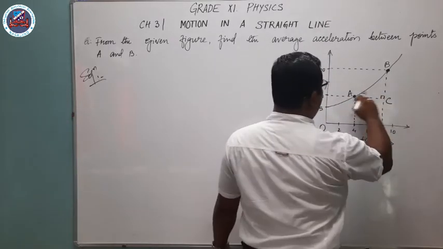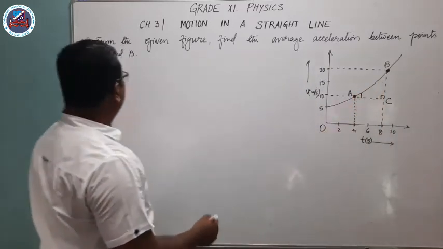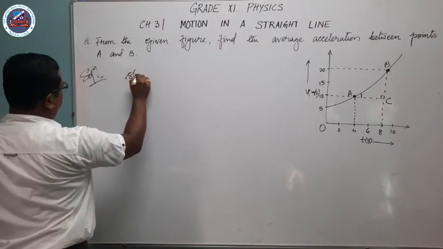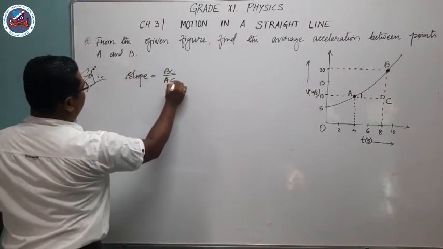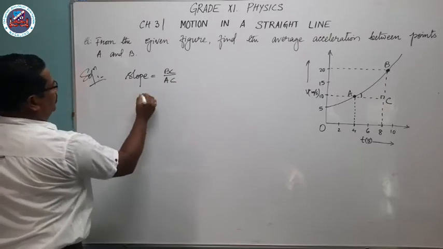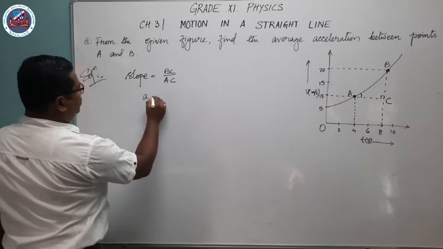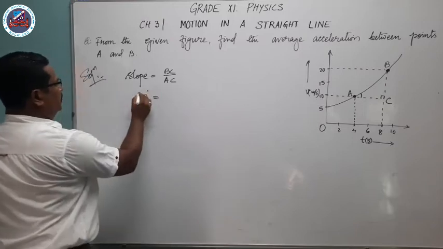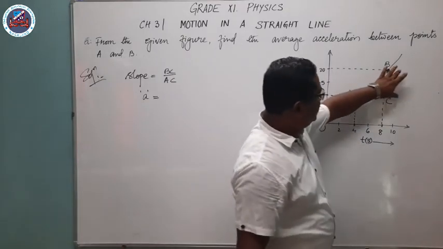Then BC by AC will give you the slope of this line AB. So you write down slope is equal to BC by AC. Then slope gives you the acceleration in the velocity time graph. So a is equal to slope. What is the value of BC?